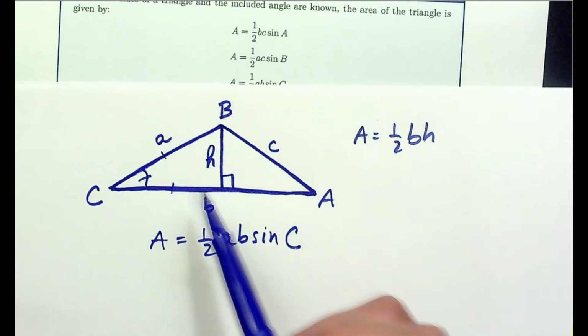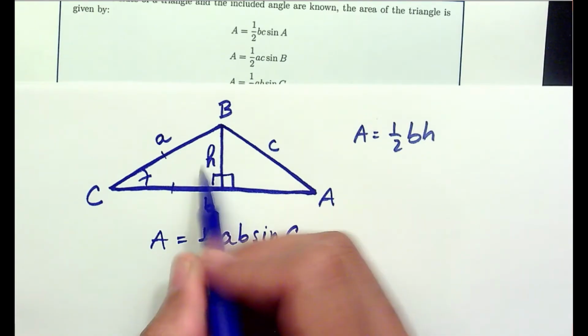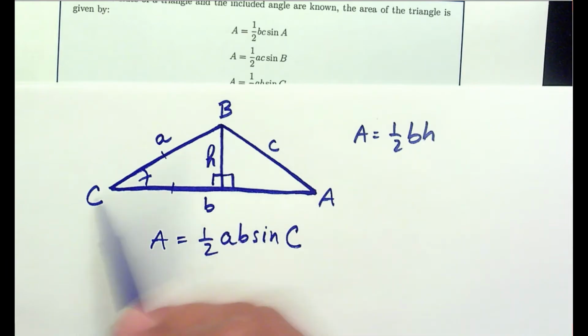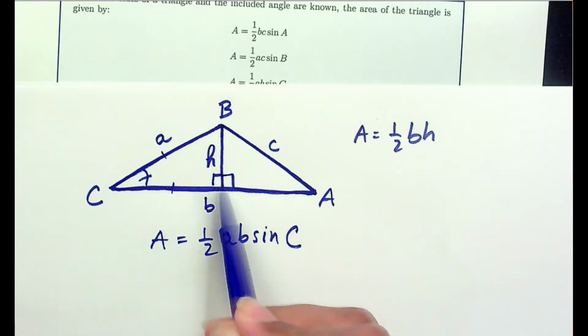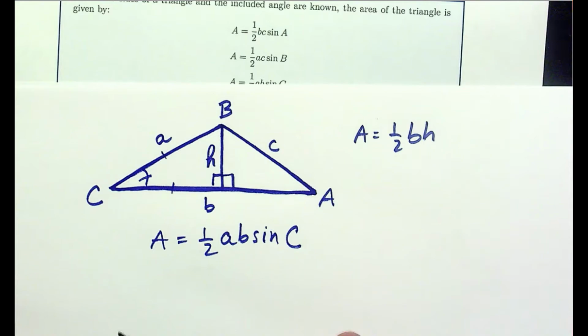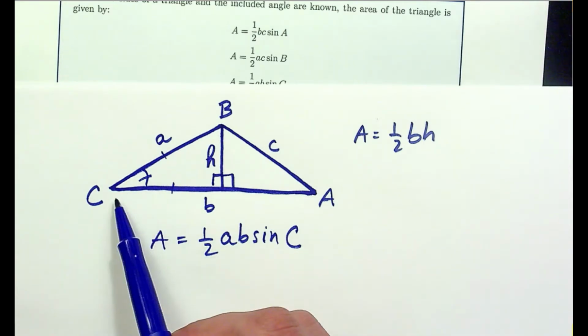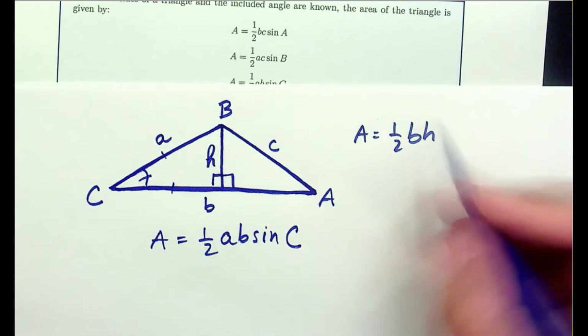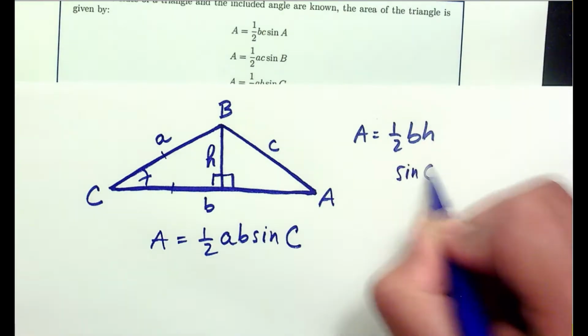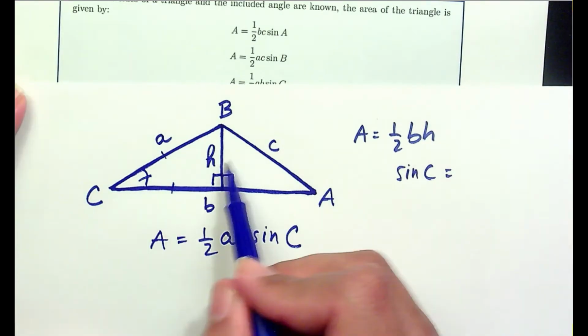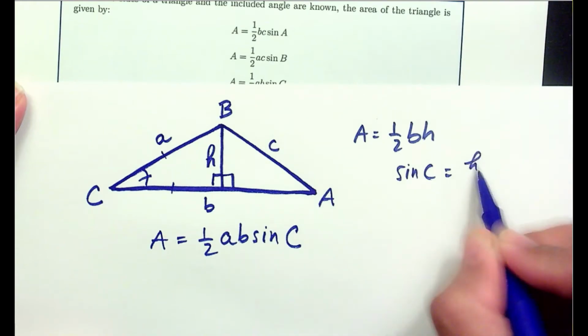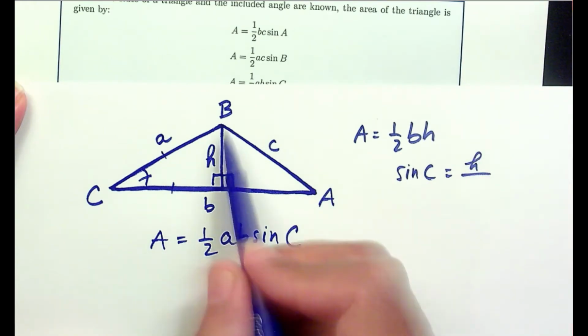Now, if you apply SOHCAHTOA to this right triangle, then what would you get? You would get that sine of C, SOHCAHTOA, would be opposite over hypotenuse.